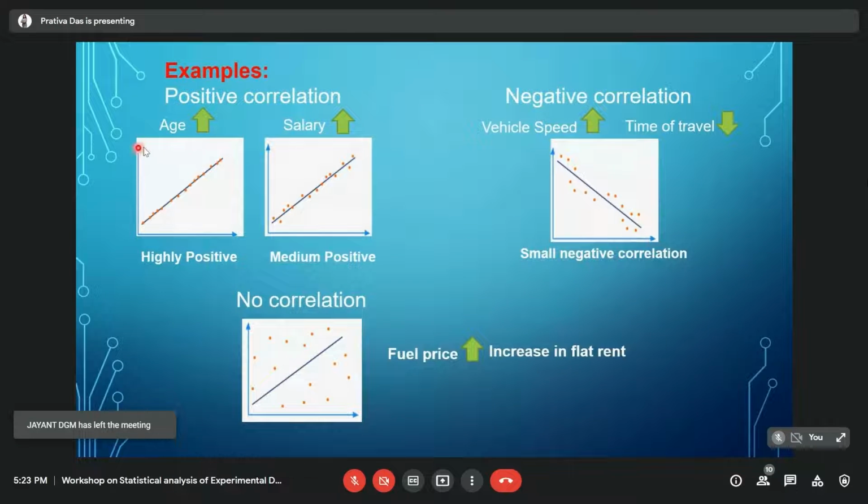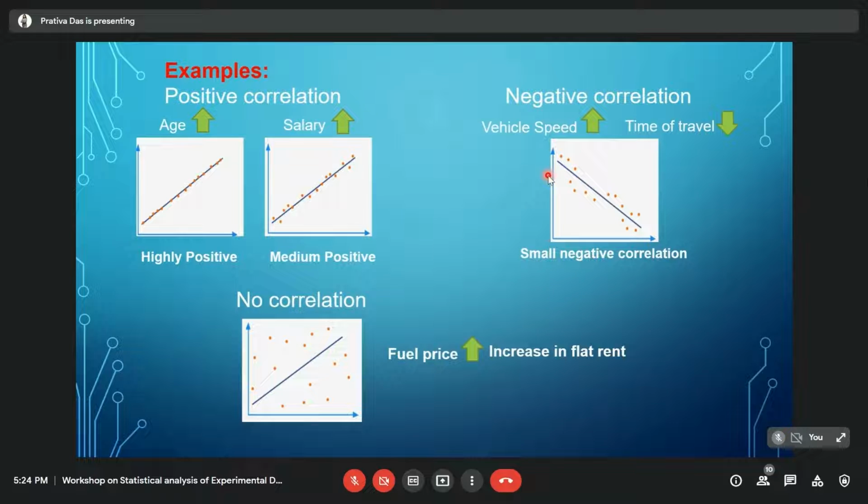So here are some examples. If you see that age is increasing and salary is also increasing with it, if it is highly correlated, then it is highly positive. If it is mildly correlated, then you can say it is medium positive. The same applies to negative correlation as well. If the vehicle speed increases, that means the time of travel will reduce, so you can say there is an inverse correlation between these two factors.